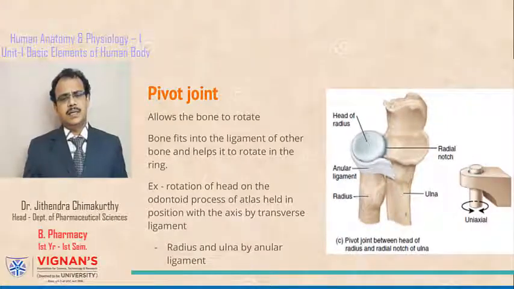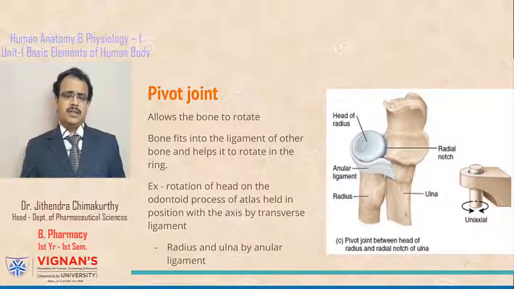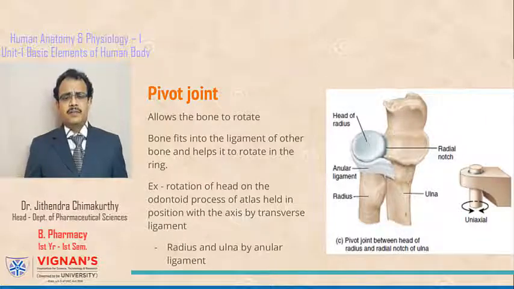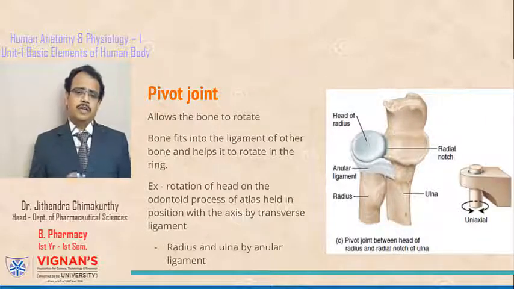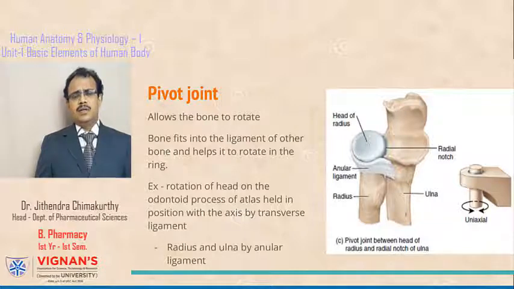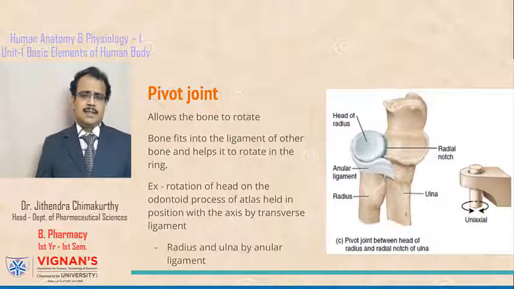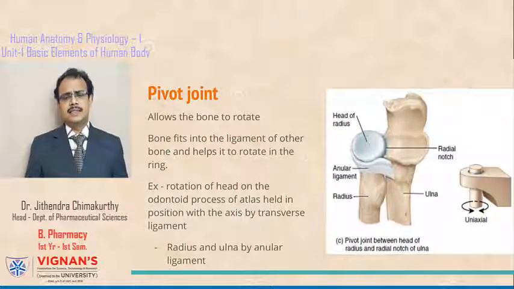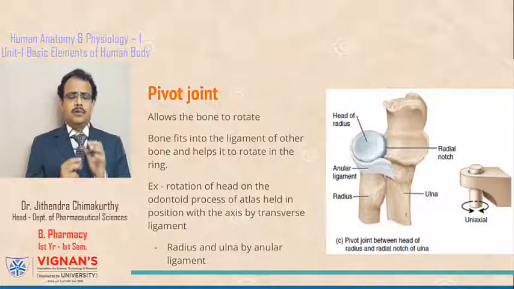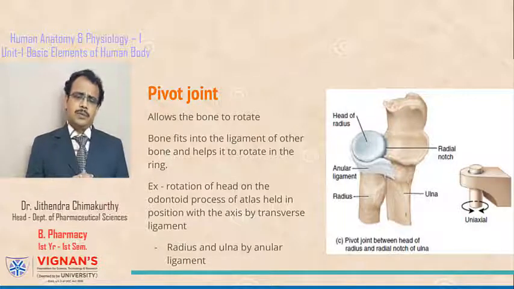Next we will see the pivot joint. Pivot joint is formed between two bones and allows the movement of rotation. For example, you can see the atlas and axis. The atlas is the first cervical vertebra, and the axis has a protrusion called the odontoid process.